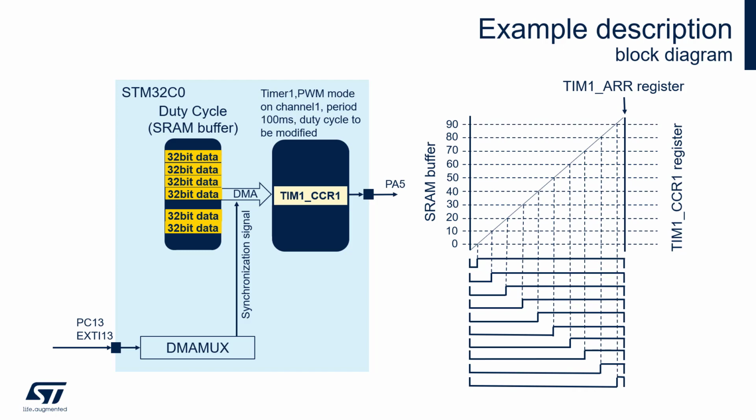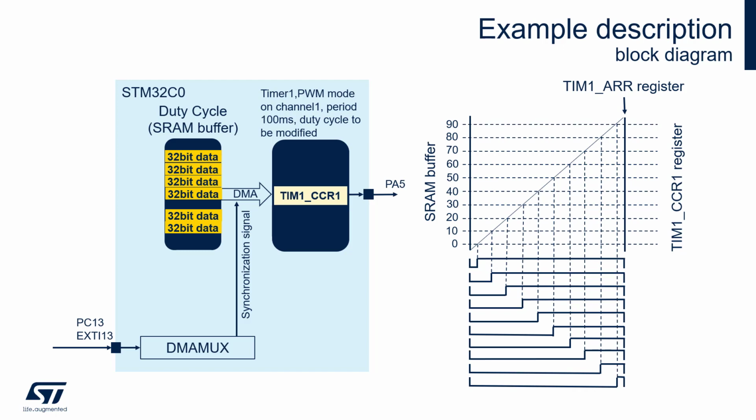This period will be constant, and it will have a flexible duty cycle, which will be modified by the DMA. Those DMA transfers will be done from the internal SRAM buffer and will be synchronized by the signal coming from DMA MUX, and those signals will be triggered by the events on the PC13 line, and this PC13 line will be controlled by the blue button on our board.